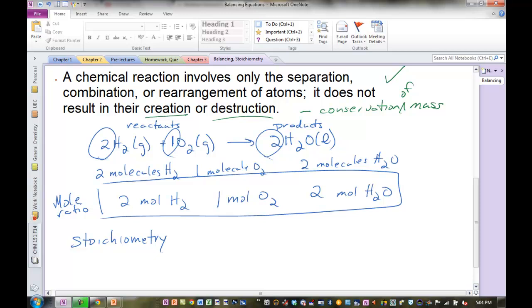Say we had a certain amount of hydrogen, and I wanted to know how much oxygen I needed to react with that. Okay, mole ratio. So let's actually choose an easy number to start. Let's say I have 12 moles of hydrogen.